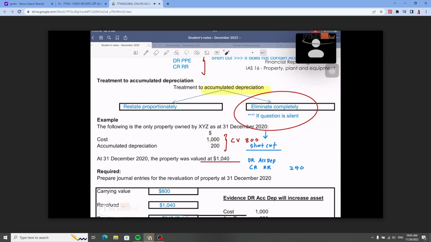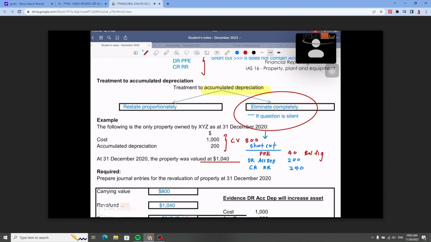I remove it totally. So I will know I need to debit my accumulated depreciation 200. Okay, then of course, balancing figure, I will throw it to my PPE. Your PPE will be a balancing figure. Right, so in this case, that will be a 40.